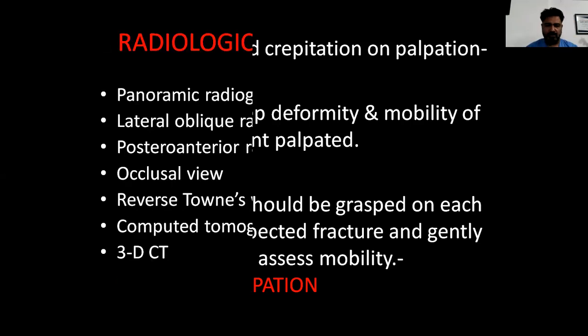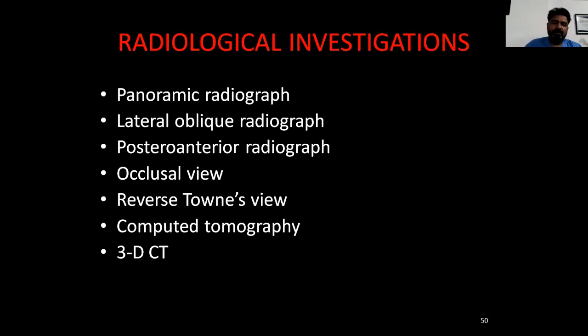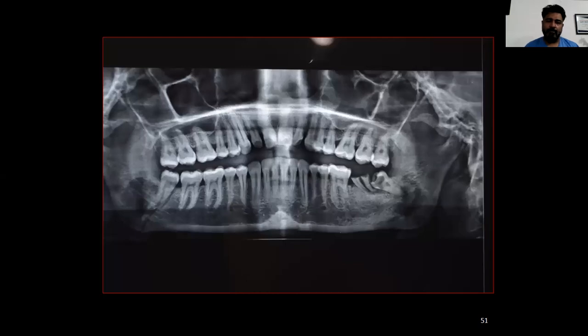Bimanual palpation. Then in radiological examination, we have all types of facilities available nowadays, but the first basic facility is the panoramic radiograph, then lateral oblique, posterior anterior view, occlusal view. Sometimes we need views for the sinuses also, like reverse Towne's view, computed tomography and 3D CT scan with reconstruction. So this is OPG.